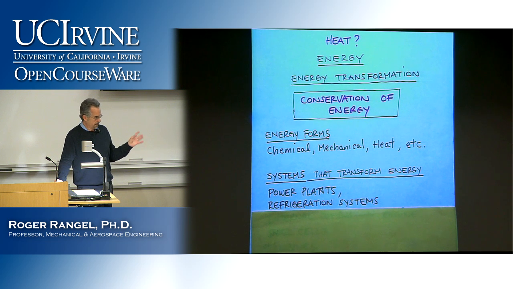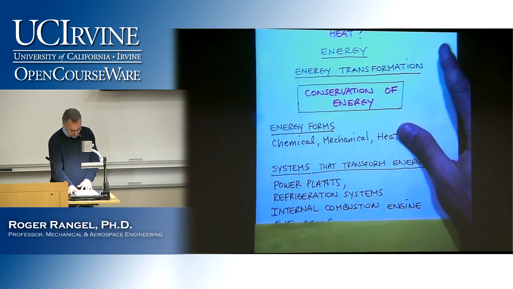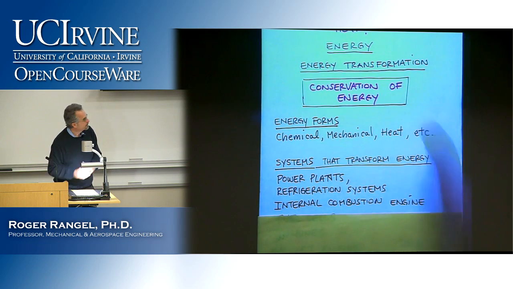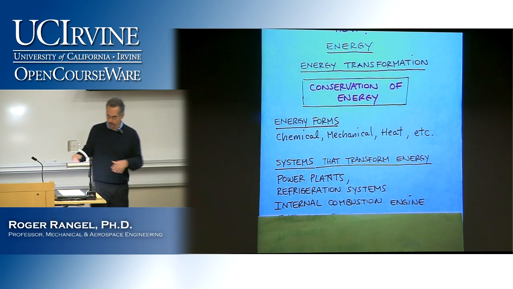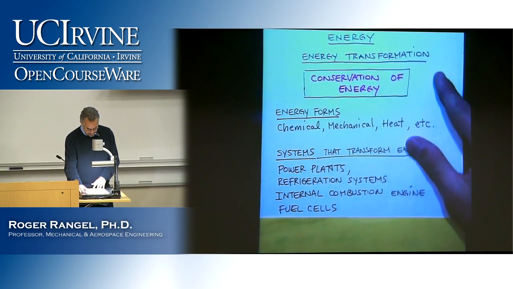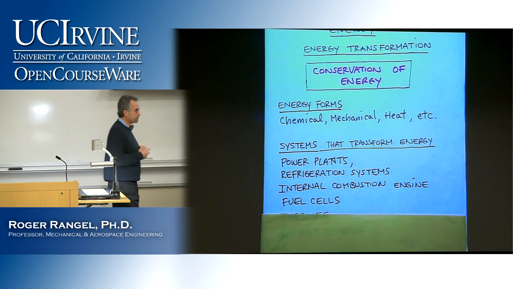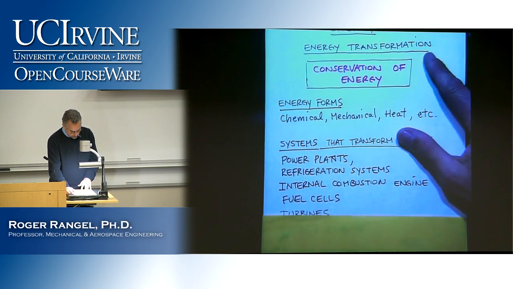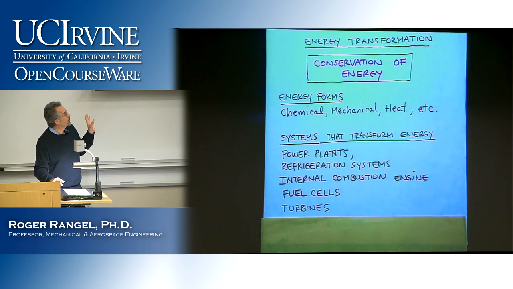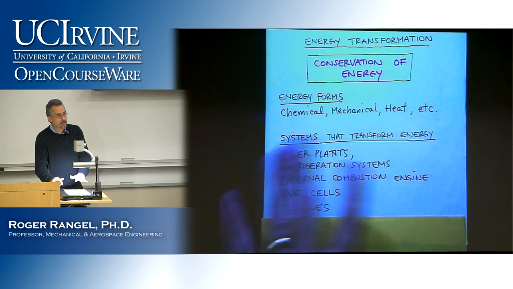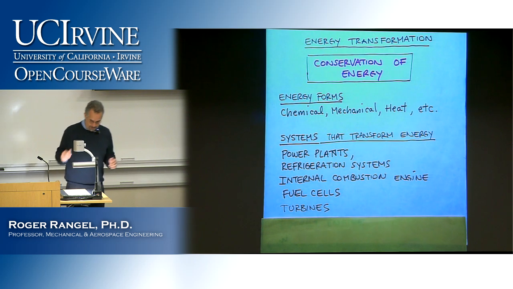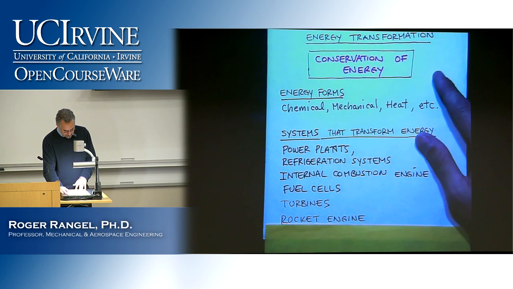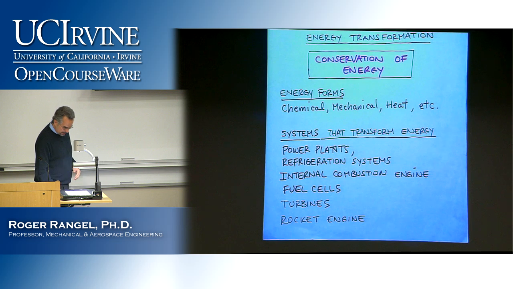To move energy in the form of, say, temperature, heat, from one place to another. The internal combustion engine, which operates in your cars. Fuel cells, also devices that convert energy in one way to another. We just saw an example of turbines. I'm just throwing words down here. I could add, of course, a few more, but just so that you can get a little bit of an idea. And of course, the rocket engine that we saw in the video.